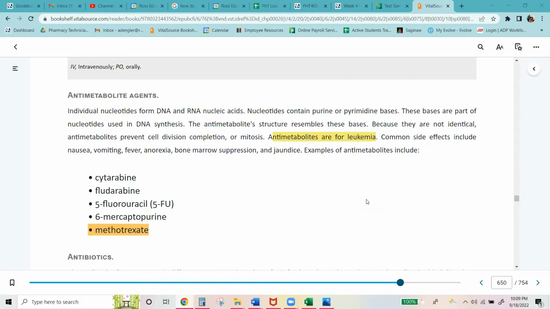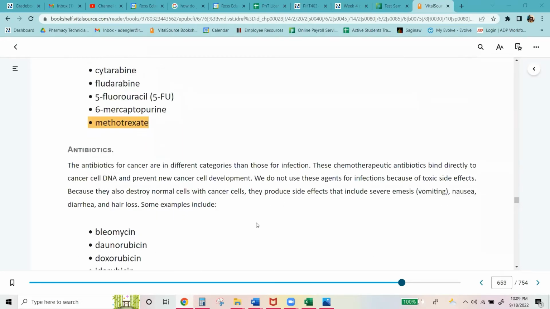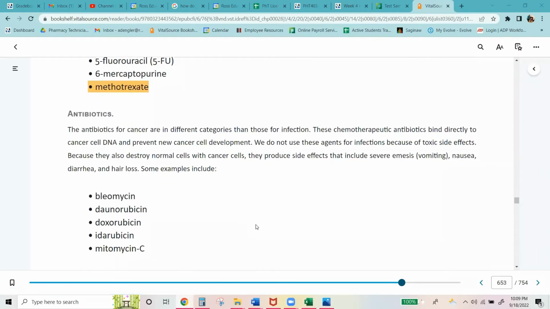Antimetabolites are for leukemia. One popular antimetabolite is methotrexate. That is something that you will work with in both aspects of pharmacy. Antibiotics for cancer are in different categories than those for infection. These chemotherapeutic antibiotics bind directly to cancer cell DNA and prevent new cancer cell development.